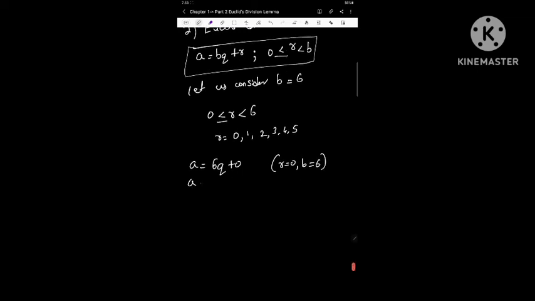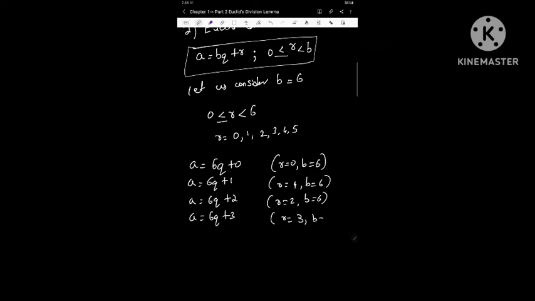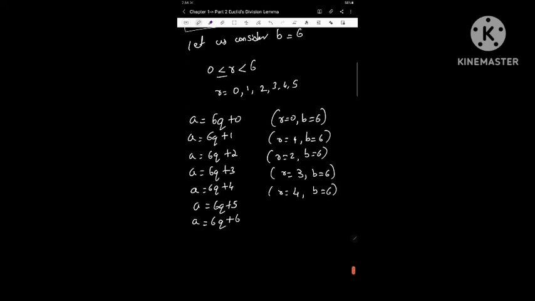If we substitute this way for all particular values of r, let's check what we get. b equals 6 and a equals 6q plus 2, r equals 2; a equals 6q plus 3 for r equals 3 and b equals 6; a equals 6q plus 4, r is 4 here and b is 6. Same thing for r equals 5 and r equals 6, right?